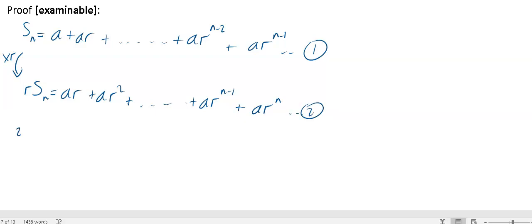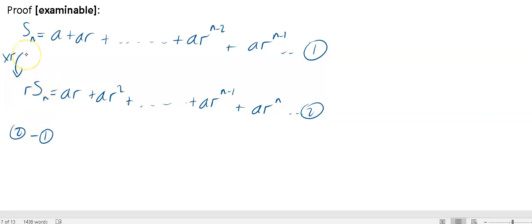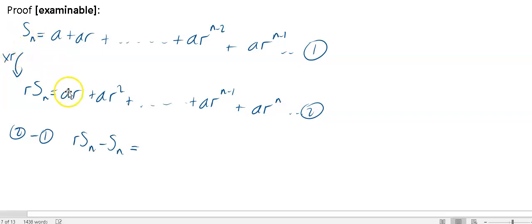Now what I'm going to do is take my equation 2 and subtract my equation 1. So I'm going to do that on both sides. On my left-hand side, I will have r S n minus S n. On the right-hand side, notice this term will be cancelled out when you subtract this term.